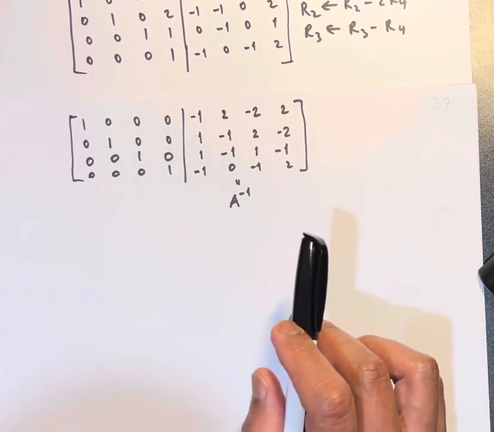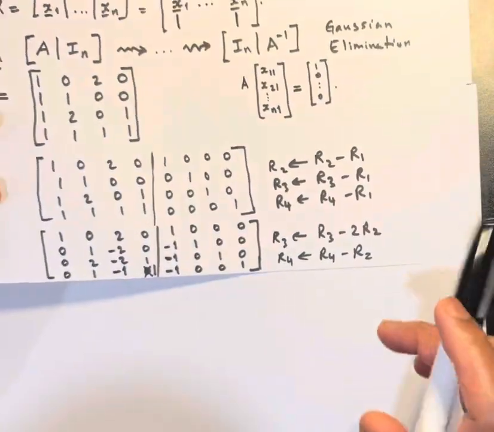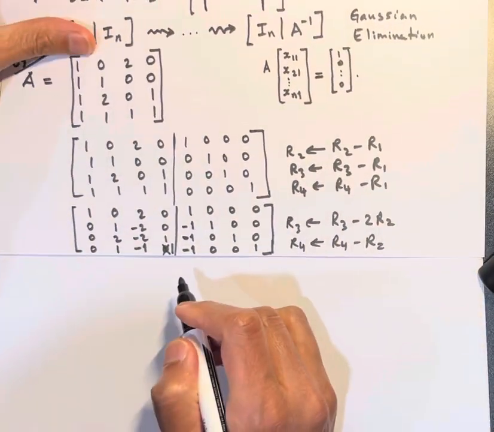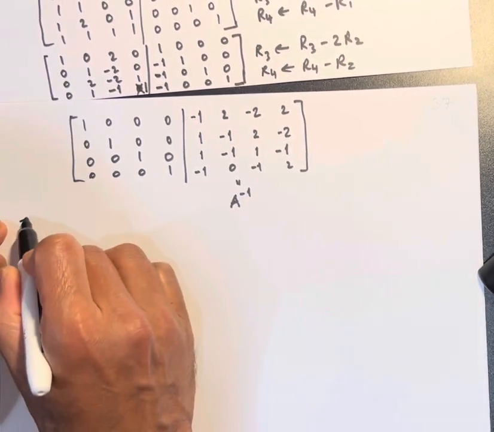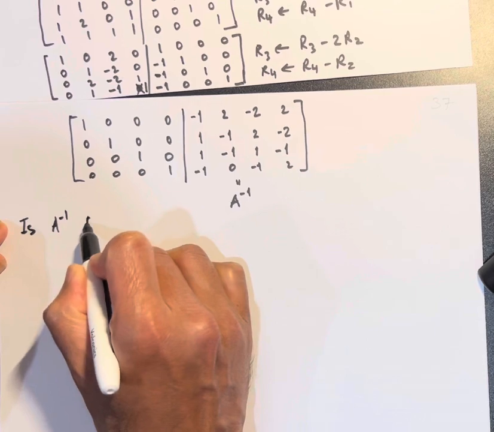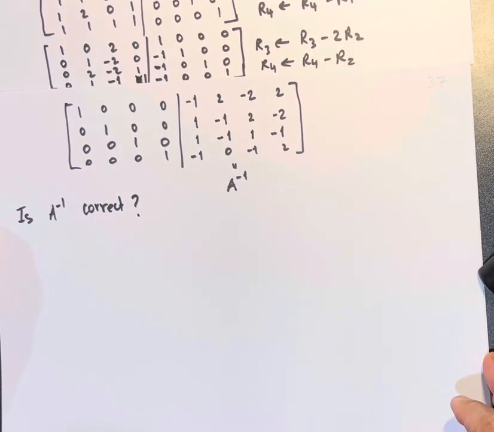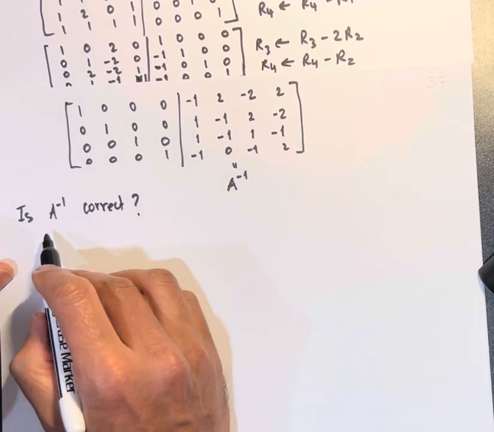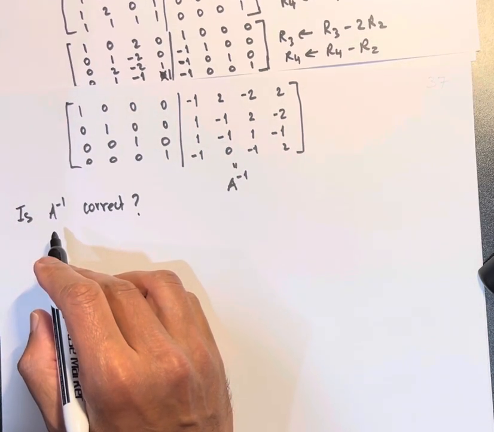So let's see if A inverse is correct, right? We are verifying whether it's correct or not. So how do we verify that? I take the original matrix A that we started with.